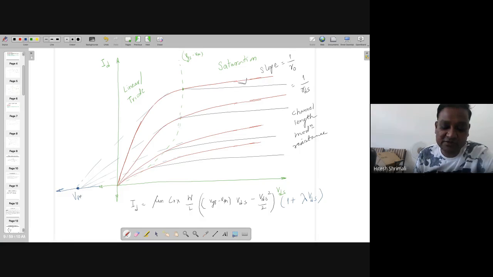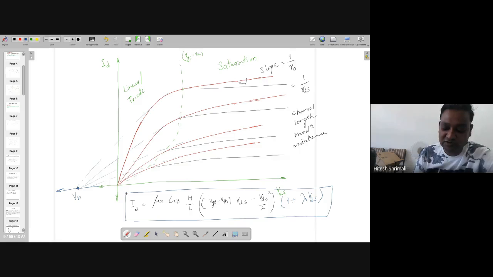Maybe all these theories will be taught in different courses. But the main thing is you should know how this transistor is governed. So this is the fundamental equation. You can write it down and you should use it mostly everywhere, wherever you want to understand how the transistor is behaving.